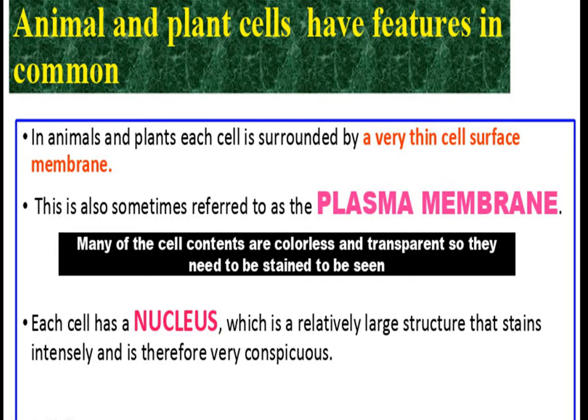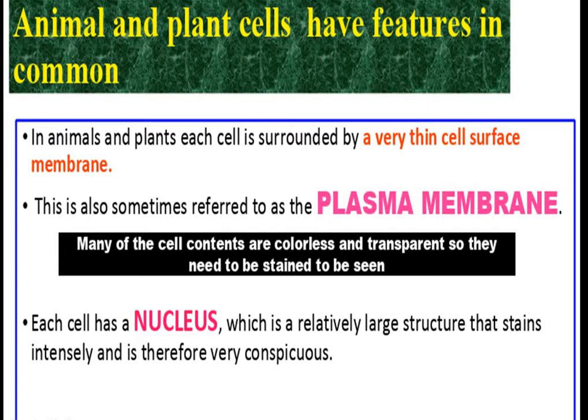Animal and plant cells have features that are common. In animal and plant cells, each cell is surrounded by a very thin cell surface membrane or plasma membrane, or simply cell membrane. This membrane is partially permeable. Many of the cell contents are colorless and transparent, so they need to be stained to be seen.